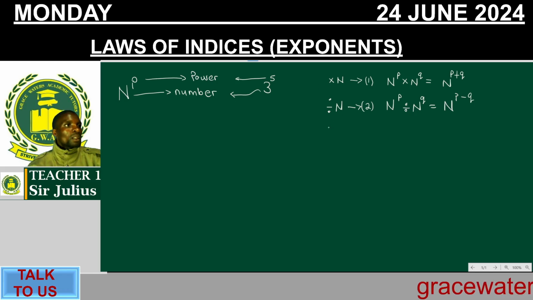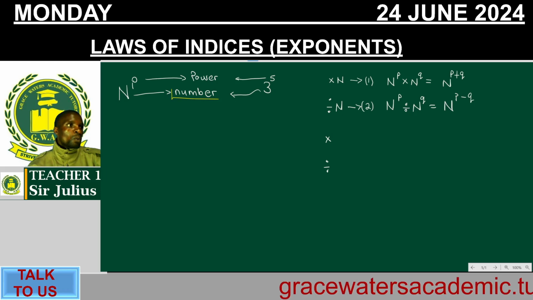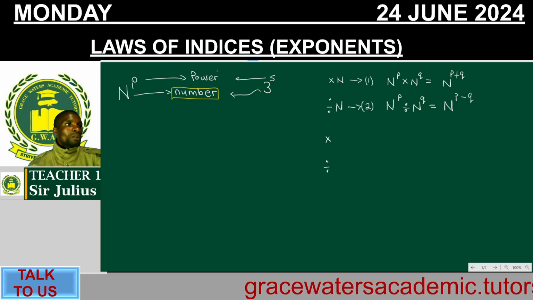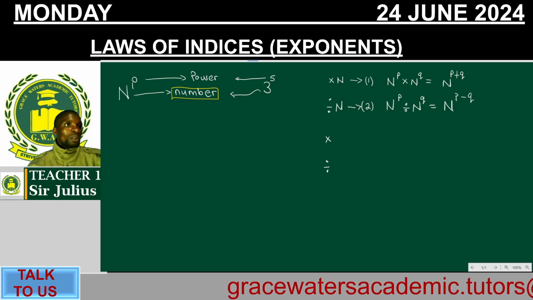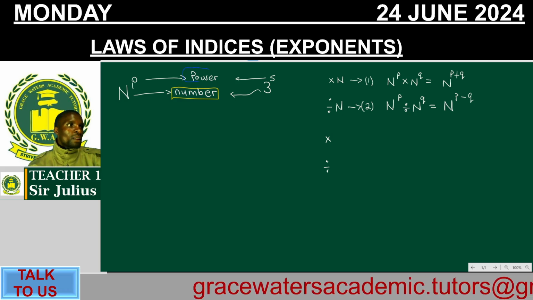Let us consider the other two laws. The component that we haven't multiplied or divided yet is the power, because the first two were about multiplying and dividing the number. Now we need to consider how we multiply and divide the power.